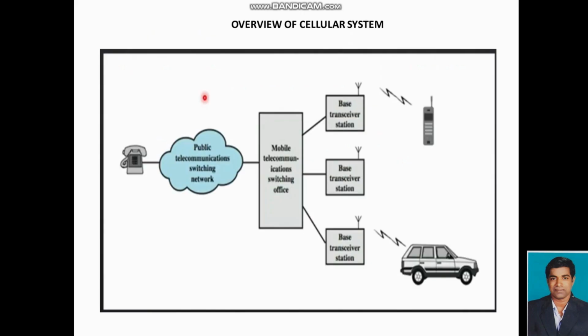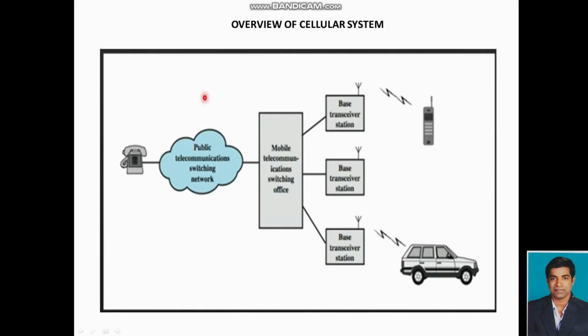In the overview of cellular network, there are different components like user equipment and then base station, transceiver, and then mobile telecommunication switching office and public telecommunication switching network, which is connecting to the public network.